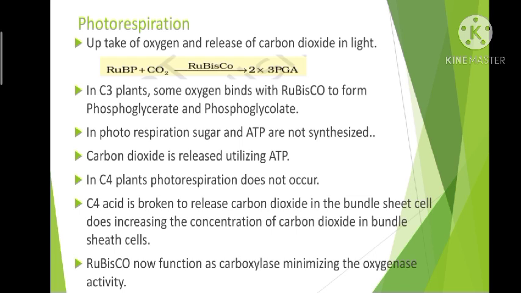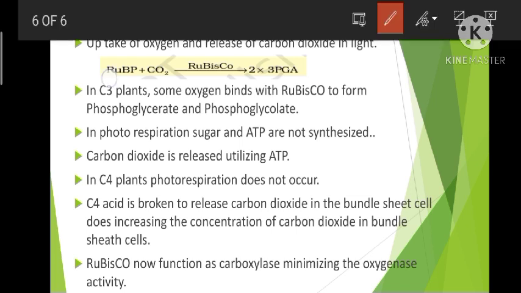It is the fixation of carbon dioxide by RuBP. RuBP combines with carbon dioxide to form two molecules of 3-phosphoglyceric acid, which is catalyzed by the enzyme Rubisco, isn't it?